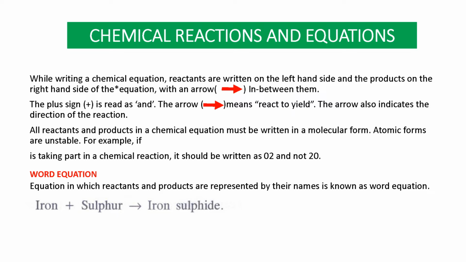And here is the example: iron and sulfur will form iron sulfide. You can see in this reaction the names of the elements are written. So this is a word equation. If we write the formulas in this equation, it will become a chemical equation. So you understand the difference between word equation and chemical equation.